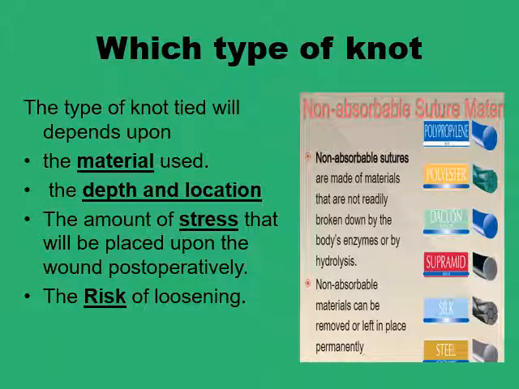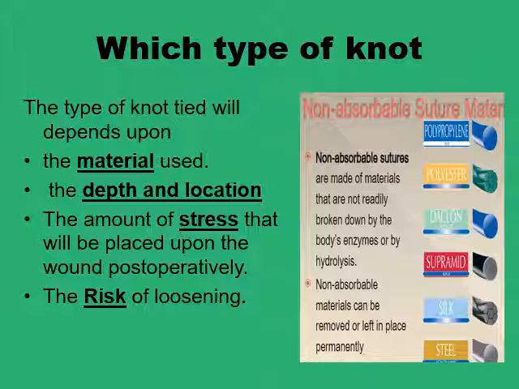Which type of knot is required for a particular task will depend on several factors. Top of the list is the material of the suture used. If it is synthetic, then you need to put on more throws. If it is natural, and if it is monofilament, then you also need to put on more knots than if it is multifilament.